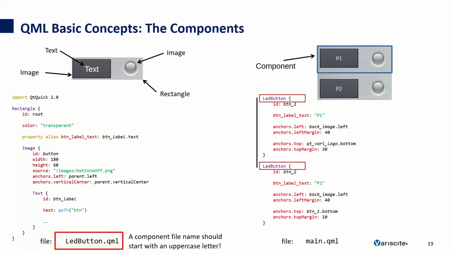And in the main file, because the main file is the one that collects all of the instructions, we referenced the LED button, which, as I said, is a component with a specific QML file dedicated to its description. And we updated some of the properties of this object as if it were a standard QML object.